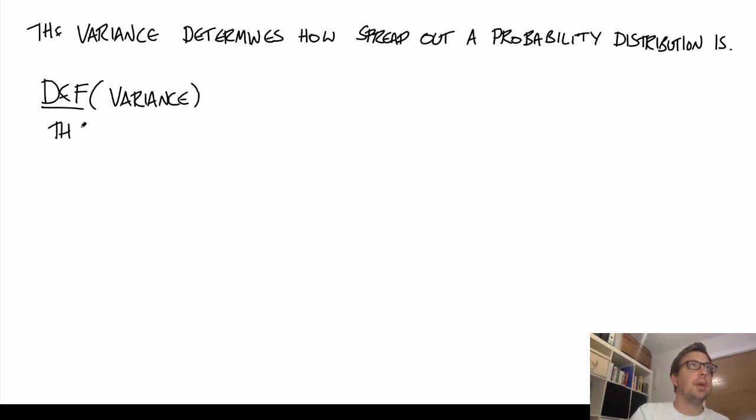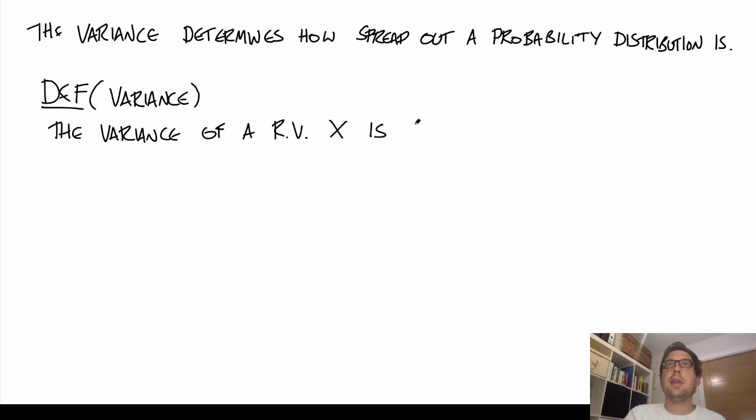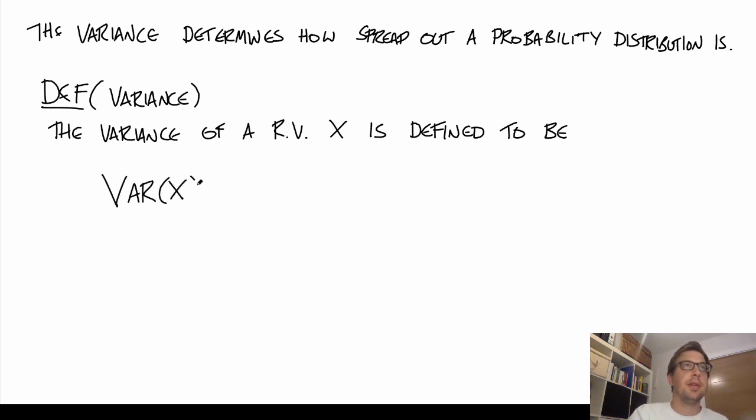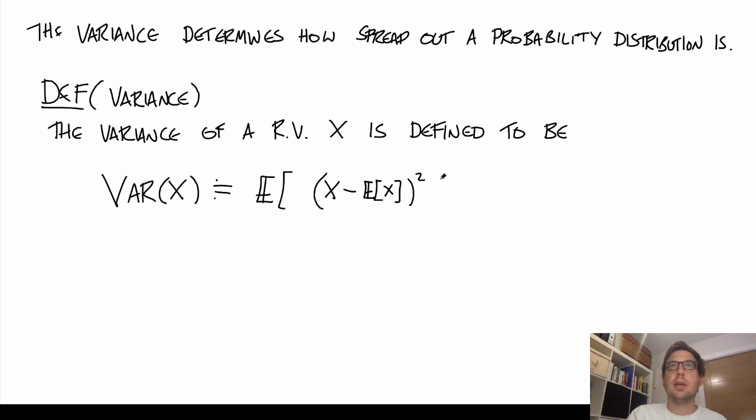The variance of a random variable x is defined to be Var(x), which I'm defining, remember this equals sign means I'm defining it to be equal, as the expected value of (x minus its mean) all squared.